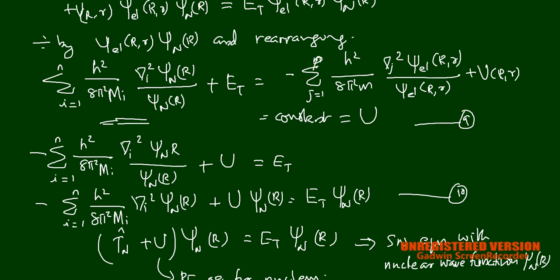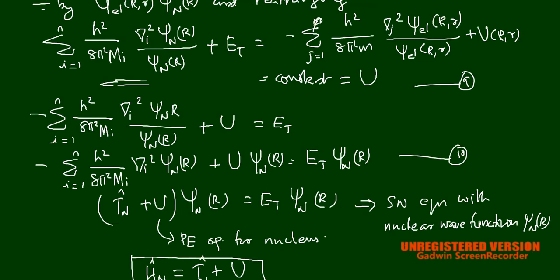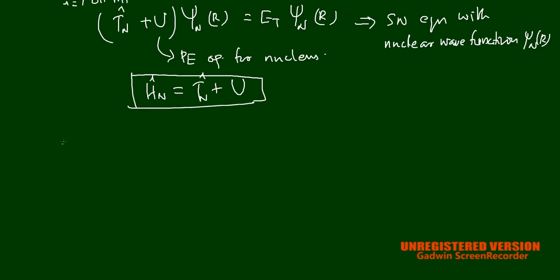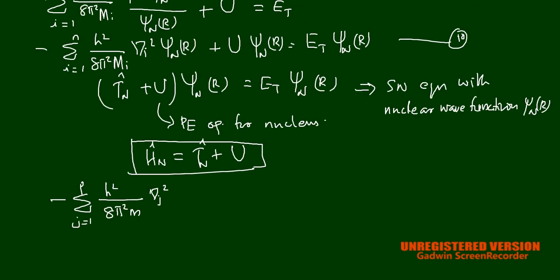So that is, we can write it like minus sigma j is equal to 1 to p, h square divided by 8 pi square m del j square, right? Del j square. What was that equation? Let me check it up.